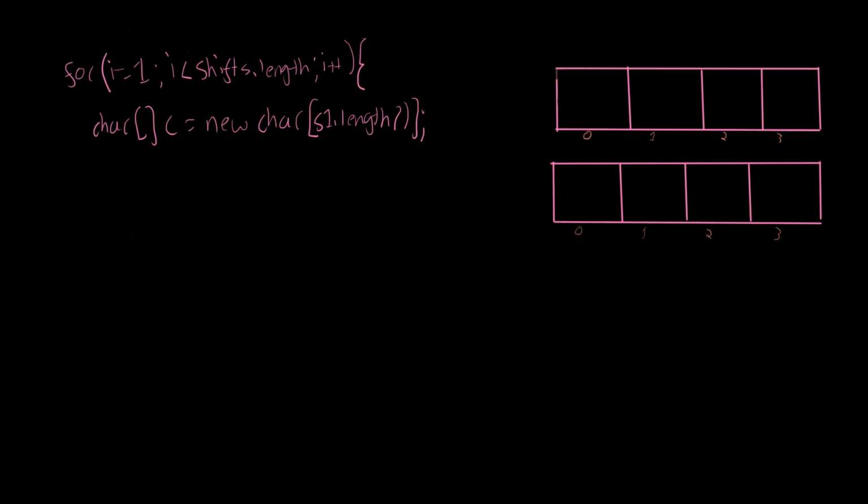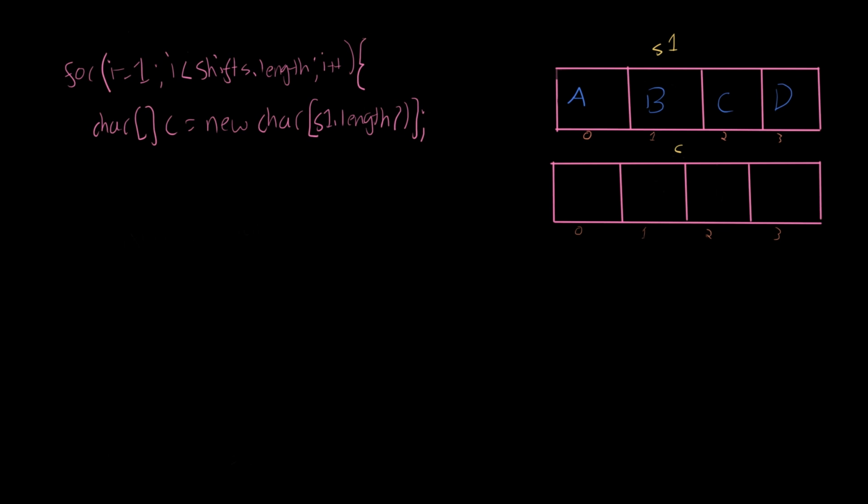The reason we're doing this is, for example, if S1 has a length of 4, with a string such as A, B, C, D, and let me label this so you can see it better. This is S1, our string, and this is our character array c. So if S1 is A, B, C, D, with a length of 4, then we want to create a character array c with 4 empty boxes.